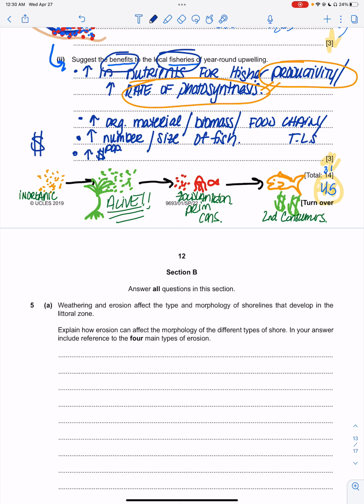The pound is different, so we're going to say increase income or revenue or profits, or an increase in catch, if that works for you, like an increase in the amount that you're able to harvest.